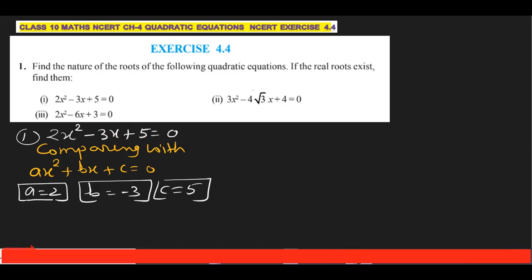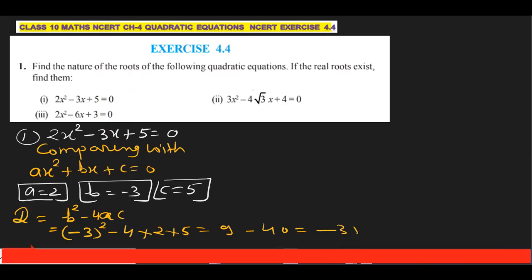Then for the nature of roots, we find out the discriminant, means d, and that is given by b square minus 4ac. So that is minus 3 whole square minus 4 into 2 into 5, that is 9 minus 40, that is minus 31.